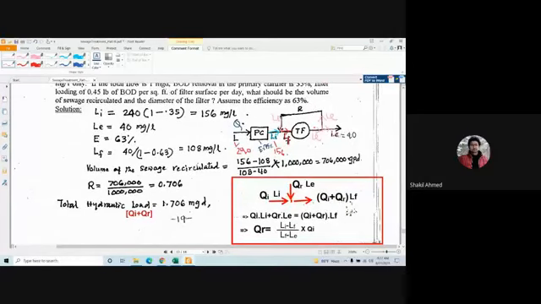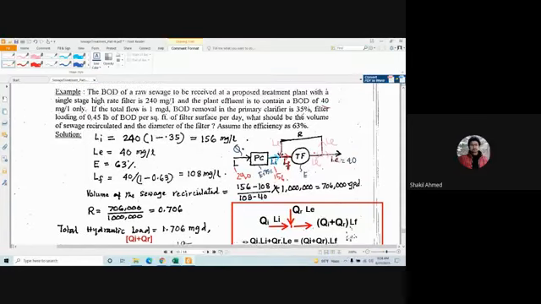Now, the efficiency in this trickling filter is what? 63%. Here the efficiency is what, guys? 63%.